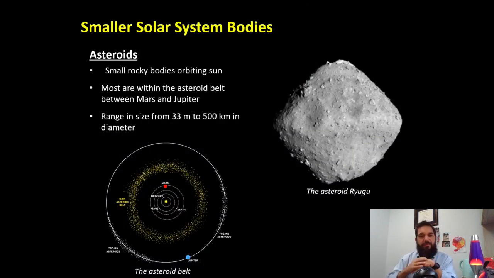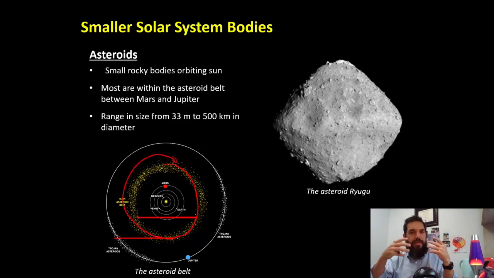We also have asteroids. Asteroids go around the sun, but they are not large enough to shape themselves into a spherical shape. Of course, we have the very famous asteroid belt that goes around the sun between Mars and Jupiter.